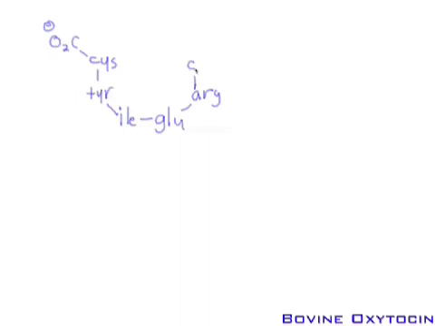For example, I'll draw this one. We have a cysteine, a tyrosine, isoleucine, a glutamic acid, an arginine, and another cysteine. And these two cysteines link up through a disulfide bridge. So those are the sulfurs from the cysteines.